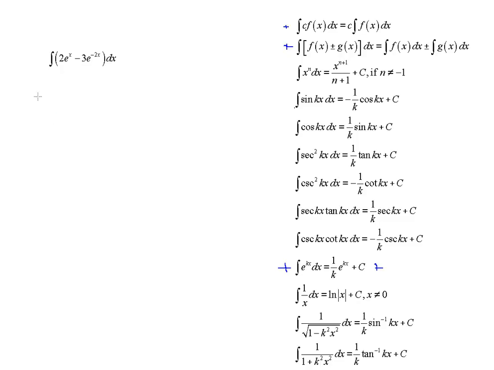So I'm going to say 2 times an indefinite integral of e to the x dx minus 3 indefinite integral of e to the negative 2x dx. And the integral of this is 2e to the x plus c1, minus 3, and I'm going to explain why I did that in a minute.